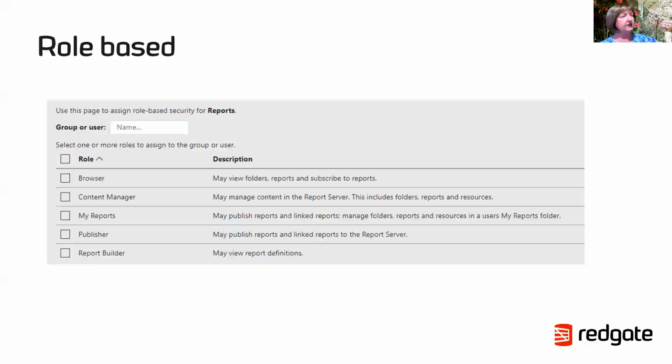And I didn't say this on the last slide, so I'm going to say it now, is that you should not configure security at the report level. What you should do is configure it at the folder level. Another thing is that you can give somebody rights to a folder without giving them rights to a parent folder.